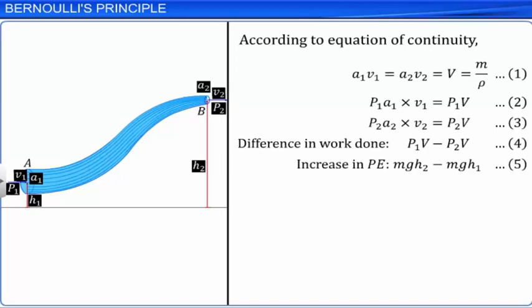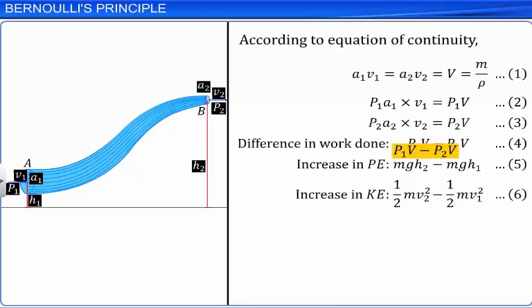The increase in kinetic energy per second from A to B is expressed as half mv2 square minus half mv1 square. Let this be equation 6. According to the work energy theorem, work done is the sum of the increase in potential energy and the increase in kinetic energy.